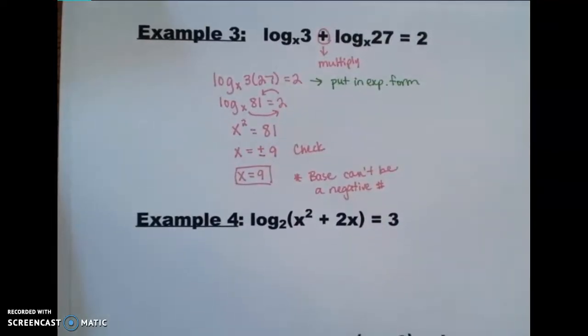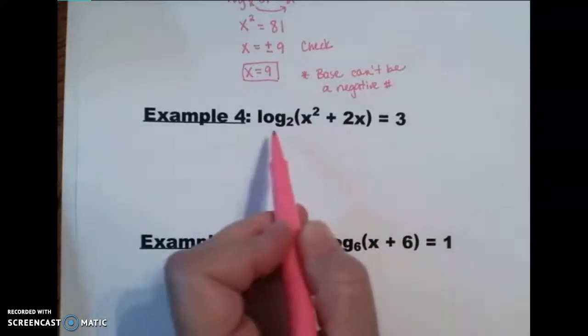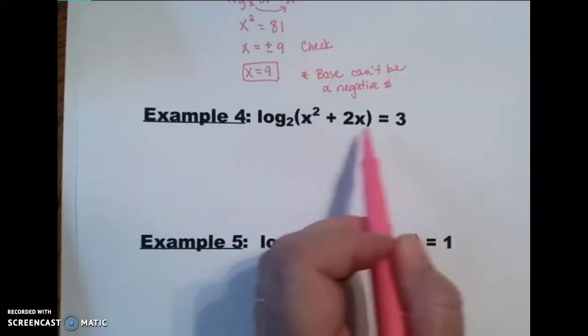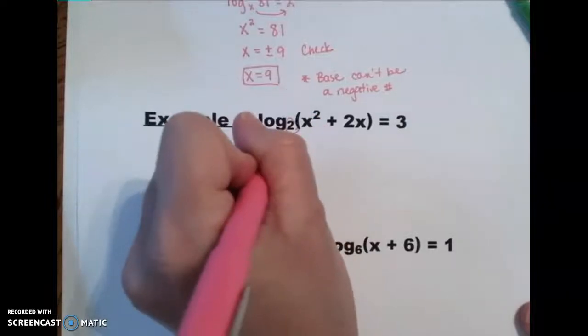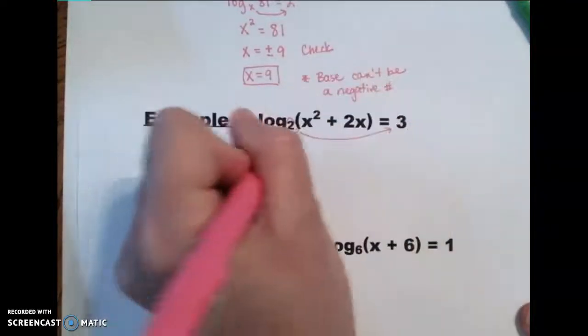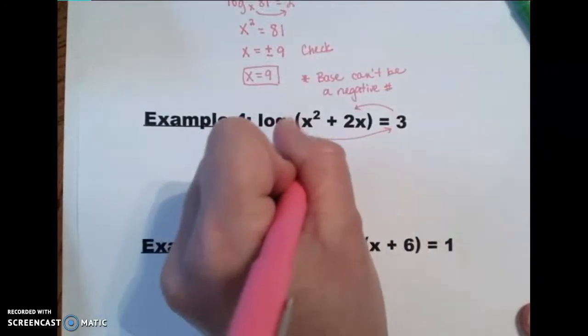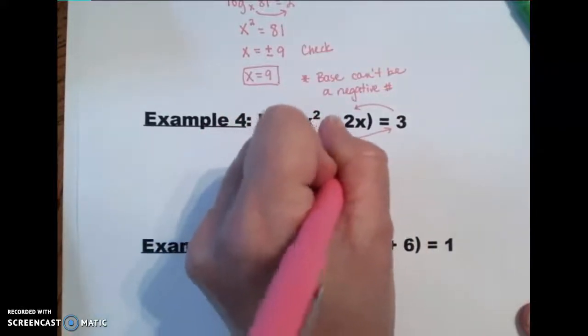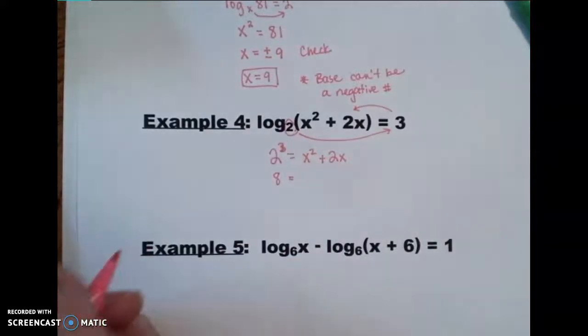All right. So moving on to 4. You do have a single log, and so you're ready to go to exponential form. So our base is 2, so we'll go out for your exponent equals, come back, x squared plus 2x. So 2 to the third power is going to give us 8, right?